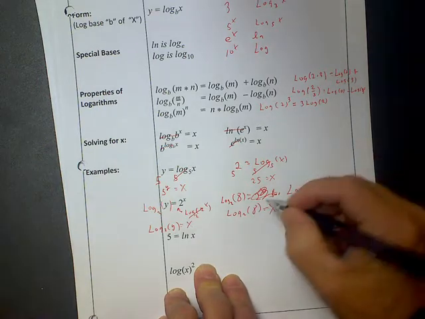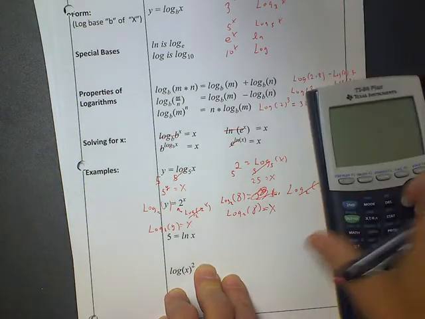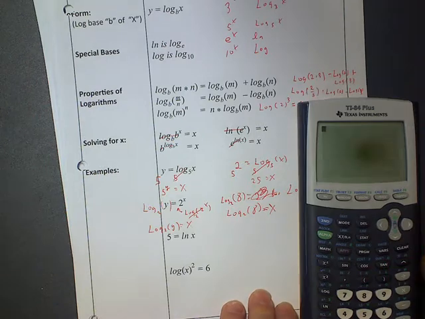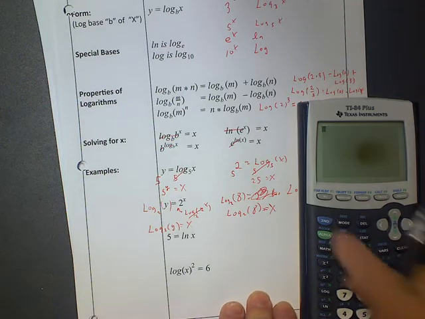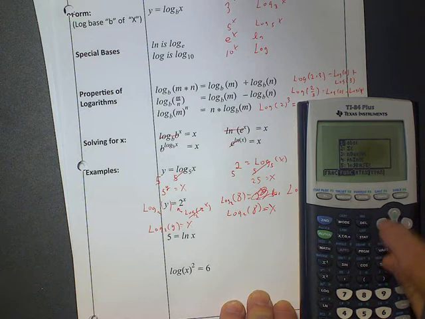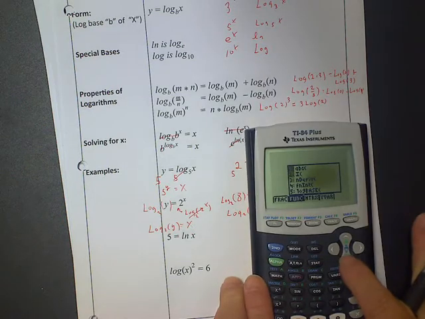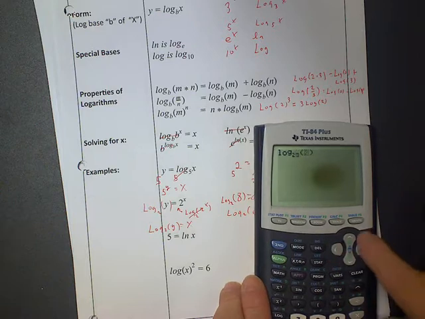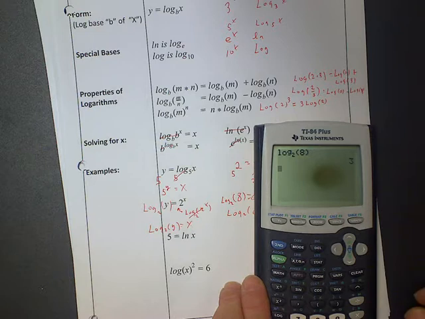Type it in your calculator. Log base 2 of 8. And we get 3. Okay.